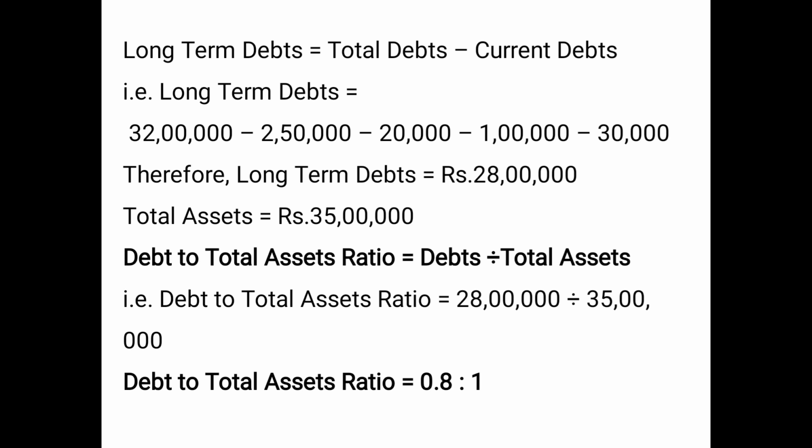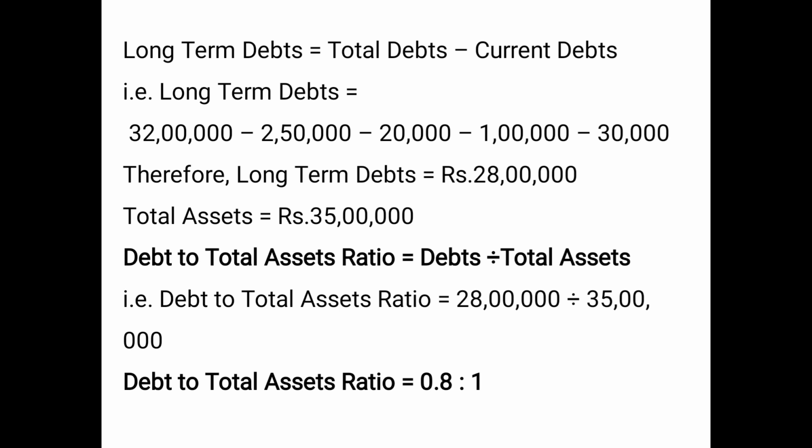Long term debts is equal to, in this question, total debts minus current debts, that is 32 lakh is the total debt minus the value of creditors minus the amount of bills payable 20,000 minus short term borrowings 1 lakh and minus outstanding expenses 30,000. So that means therefore long term debts will come to 28 lakhs.